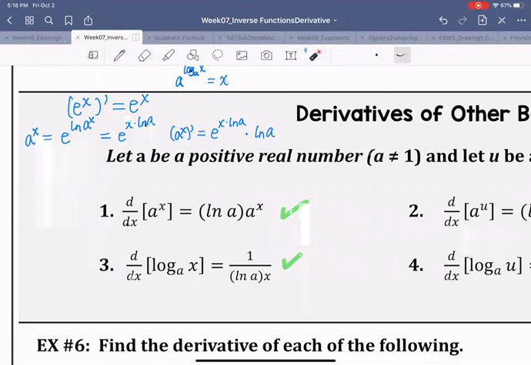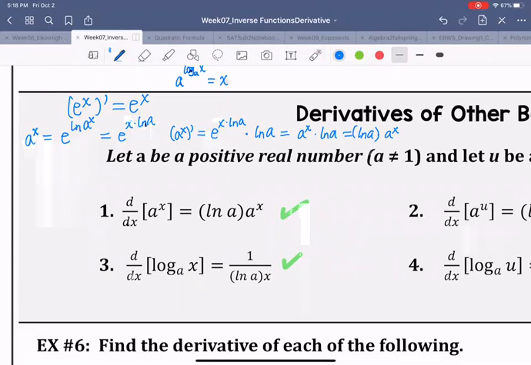Now look at this: this guy is just a to the power x. So that's just ln a times a to the power x.